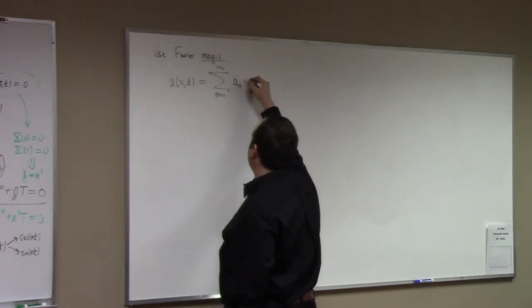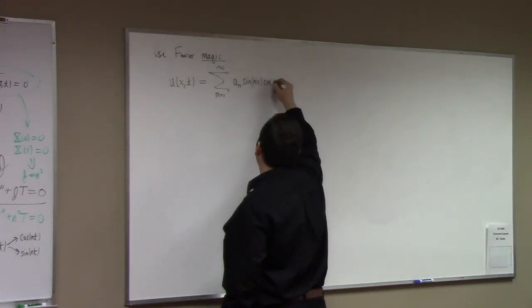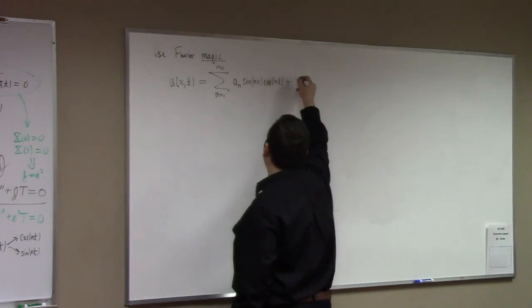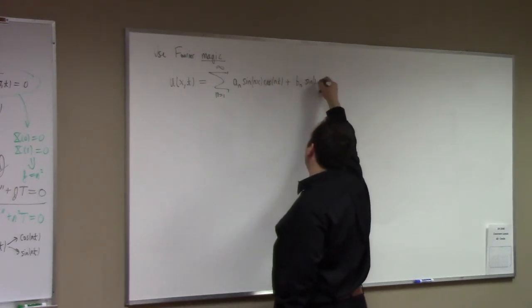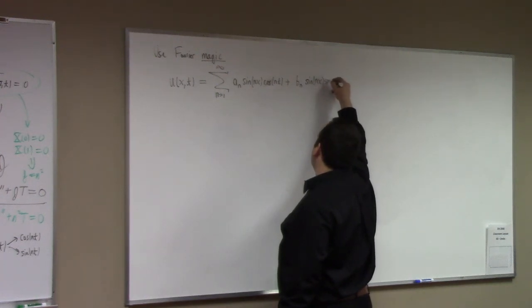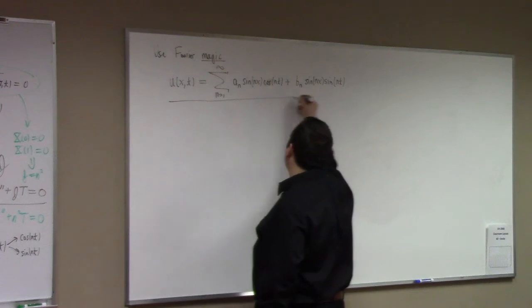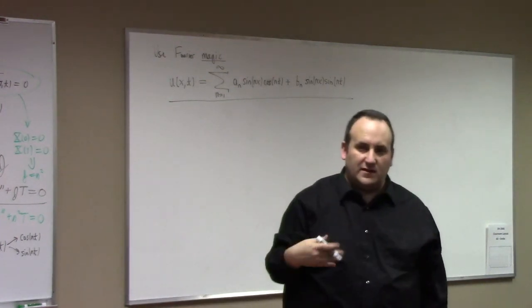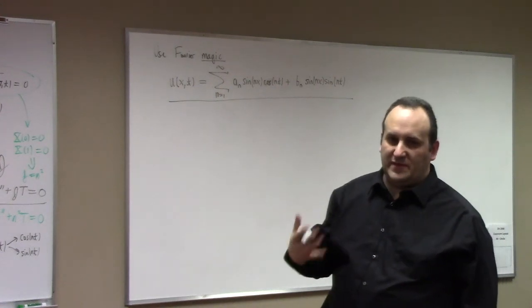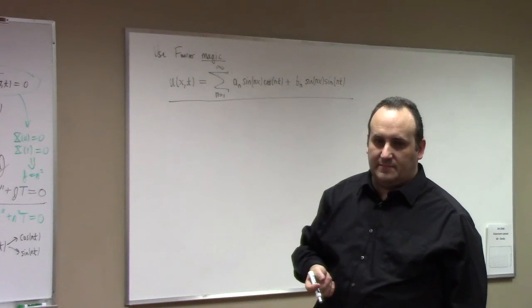Say a_n sine nx cosine nt plus b_n sine nx sine nt. And this is what I call the blank template solution in my current teaching. You pick coefficients a_n and b_n to fit a given initial condition for the wave equation. That's how we do it, right?